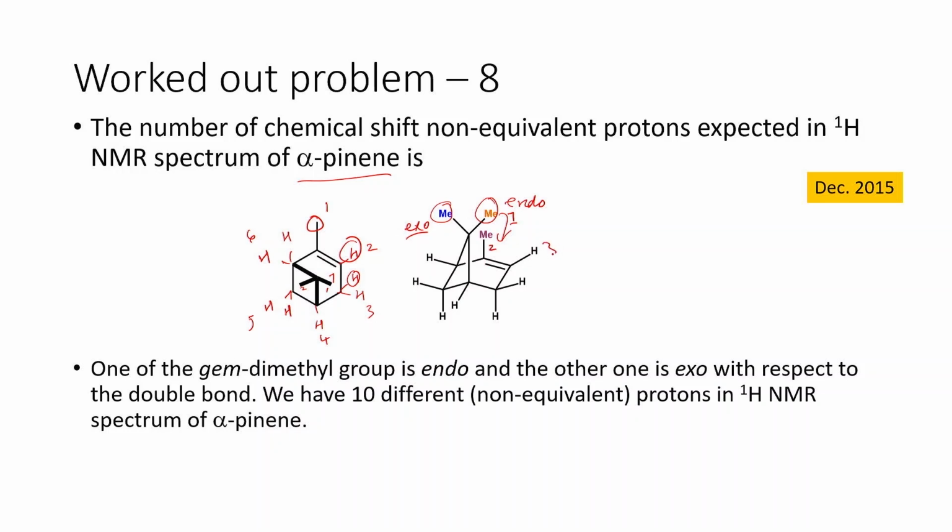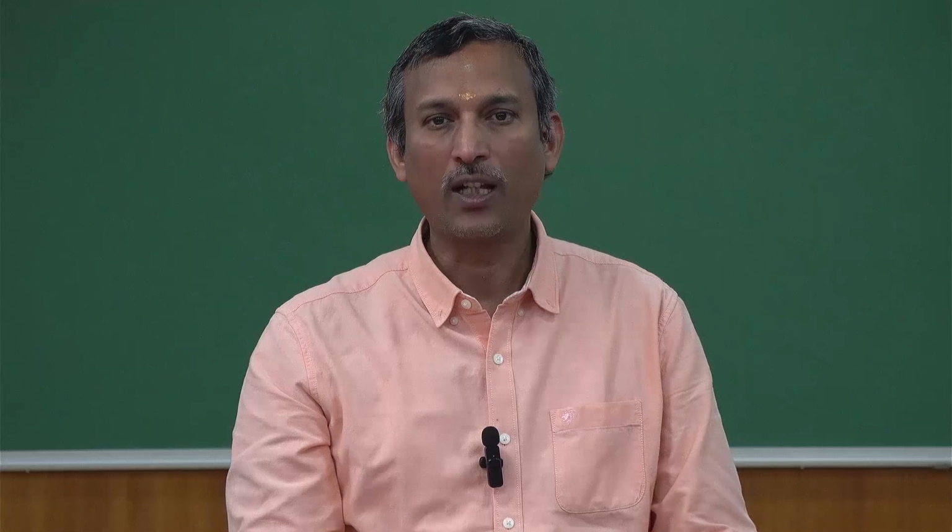So we have 2, this hydrogen is different, and both the hydrogens are going to be different. Five, 6, 7, 8. So there are a total of 10 different hydrogens actually present.